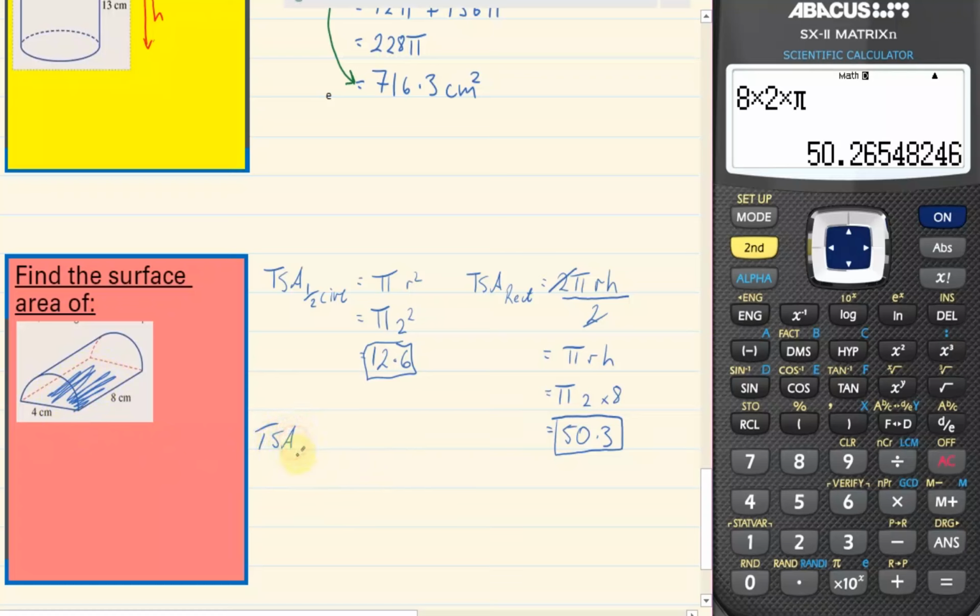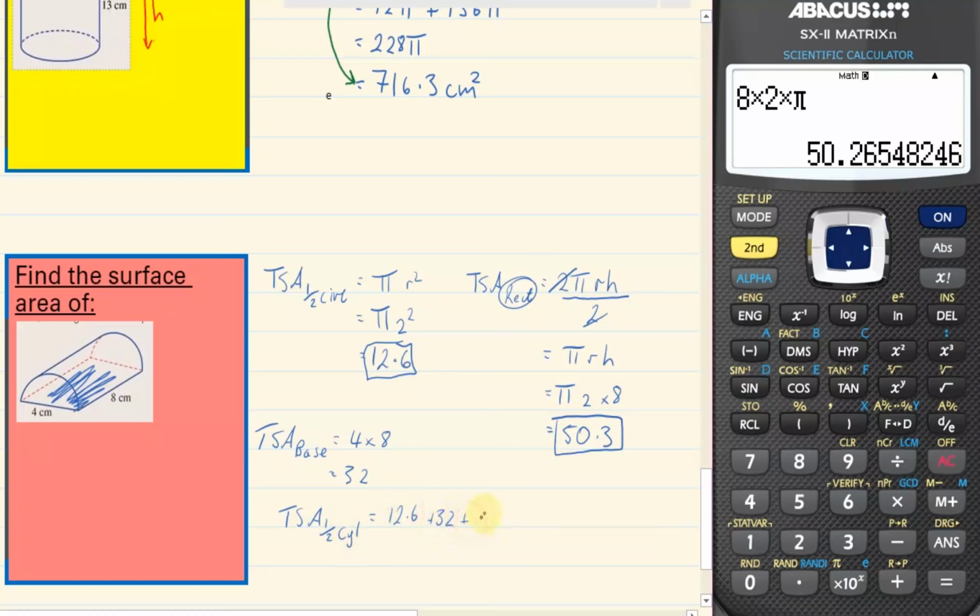So the rectangle base, I'm just going to put the TSA of the base because I poorly used rectangle up there. TSA of the base is 4 by 8, which is 32. And now the TSA of the half a cylinder is all of those added together.